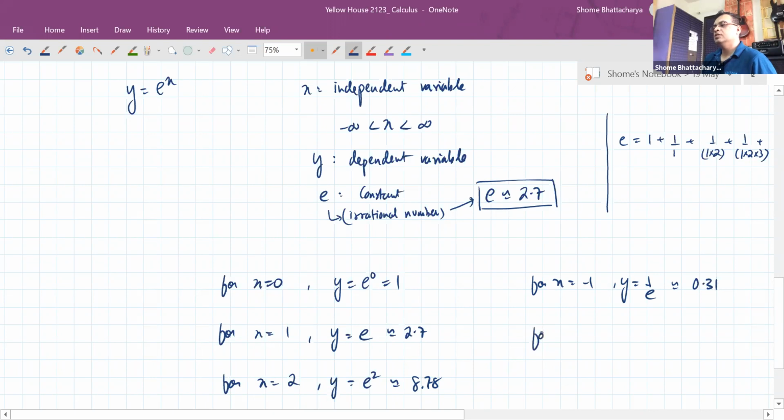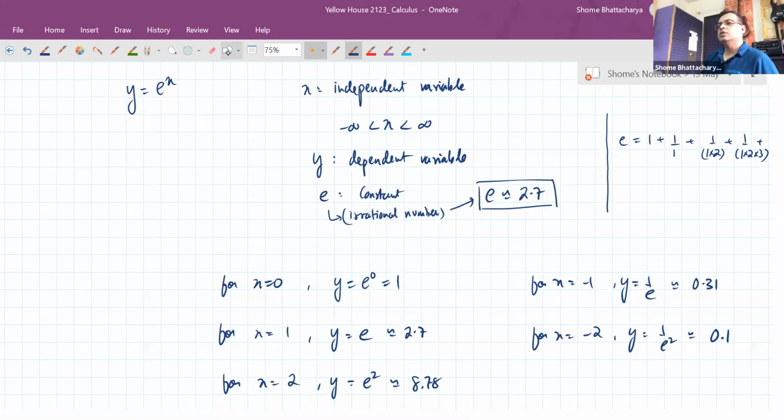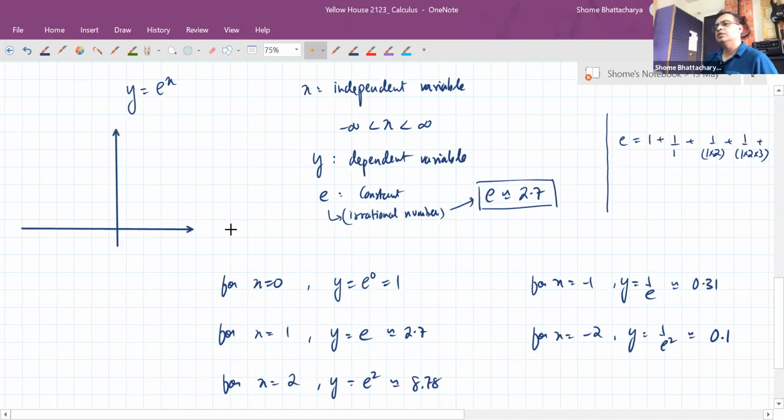Okay. For x equal to minus 2, the value of y will be 1 by e square, which will be an even smaller number. Okay. Something like this. Okay. So by looking at this pattern of values, you can also understand that approximately speaking, the graph of the exponential function is like this. This is one of the things that we had learned last time also.